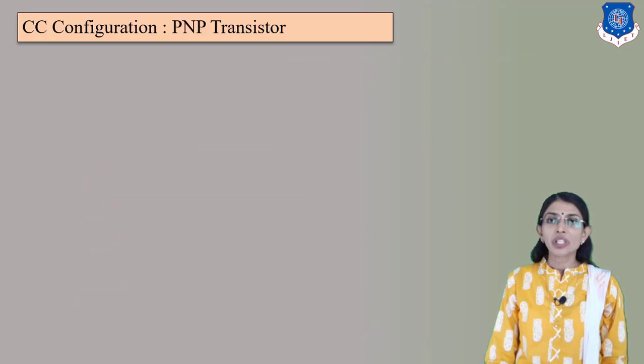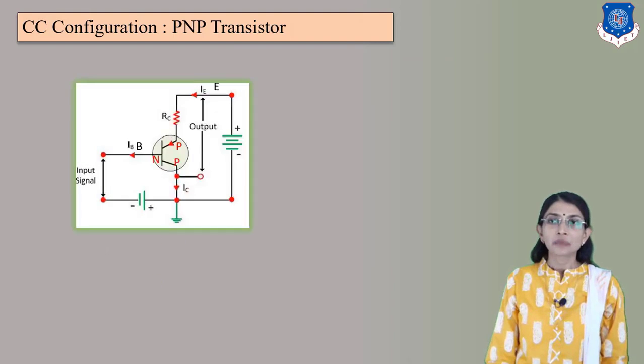Common collector configuration for PNP transistor. So we will take here the PNP symbol like this. This is the circuit diagram of CC configuration for PNP type of transistor. In PNP, the base is of N type. That means emitter and collector will be of P type. Here this is the CC configuration, that's why the collector is grounded and input output terminals are base and emitter respectively.